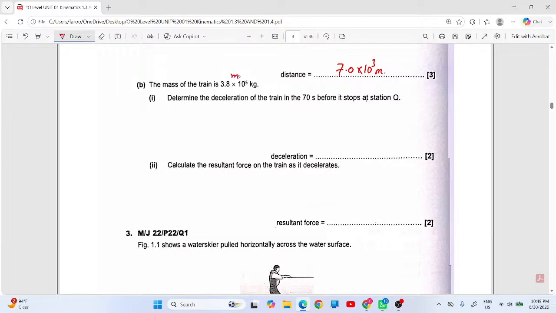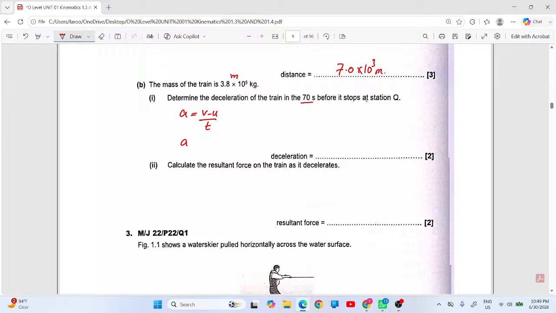The mass of the train is given. Now find the deceleration of the train in the 70 seconds before it stops at station Q. Acceleration is change in speed over change in time, so a equals v minus u over t.